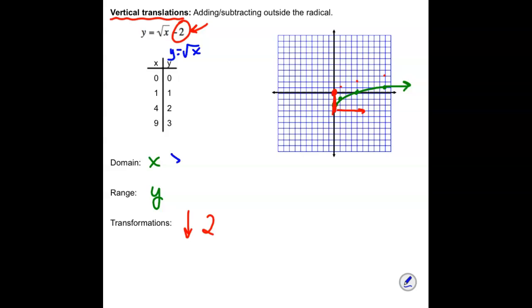Or it could be at 0, so greater than or equal to 0. My y values, I had an endpoint here, so my lowest y value is going to be here at negative 2. And then my curve goes up from that, so y has to be greater than or equal to negative 2.